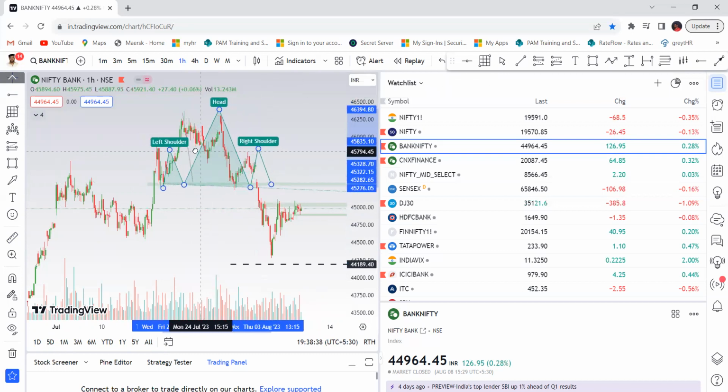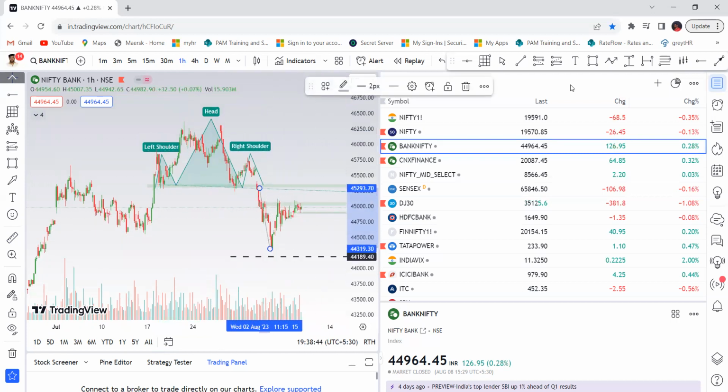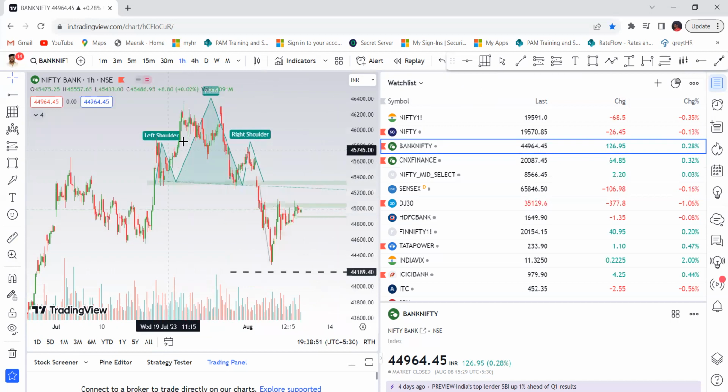The length of the head, you take it up, and it has moved exactly to this length. How much percent has it moved? 2%. If you had figured out this head and shoulder, you would have made a 2% profit in Bank Nifty.